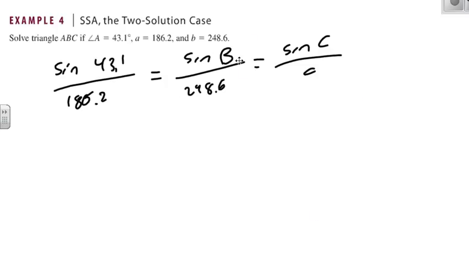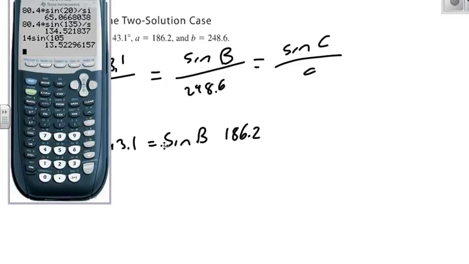Let's first find how much b is by cross multiplying. So that's 248.6 times the sine of 43.1 equals sine of b times 186.2.